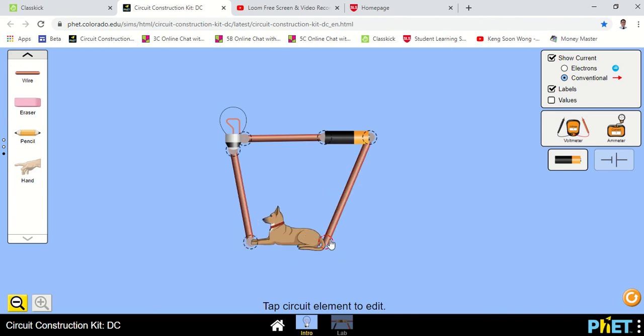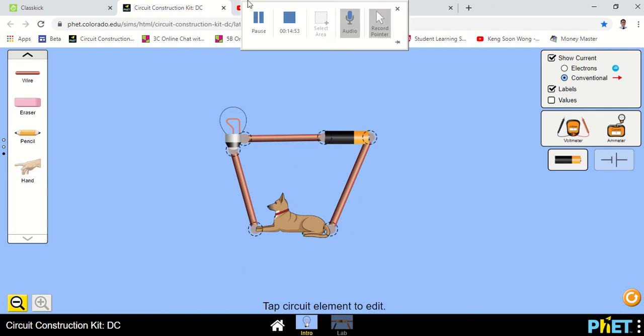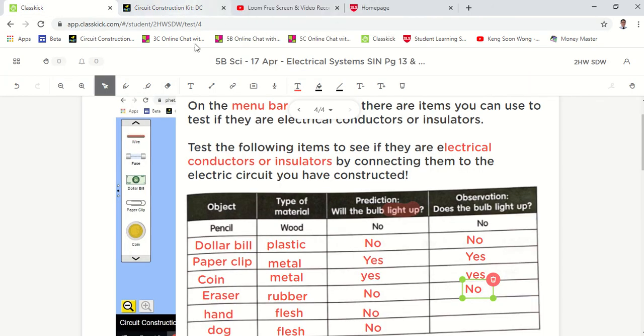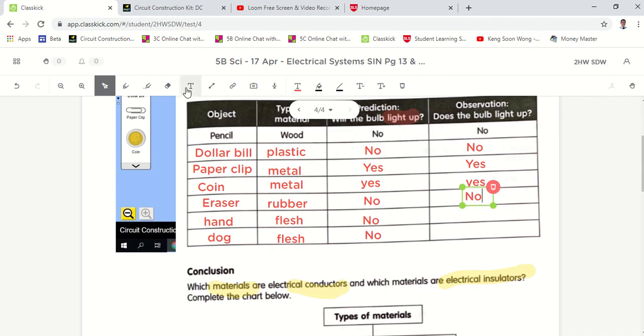So connect to the dog, to the flesh, you realize the light bulb doesn't light up. So same idea, dog made of flesh is an insulator of electricity, does not allow electric current to pass through, will not light up the bulb. Okay, so it's the same for hen and dog. Both are also no, do not light up the bulb.